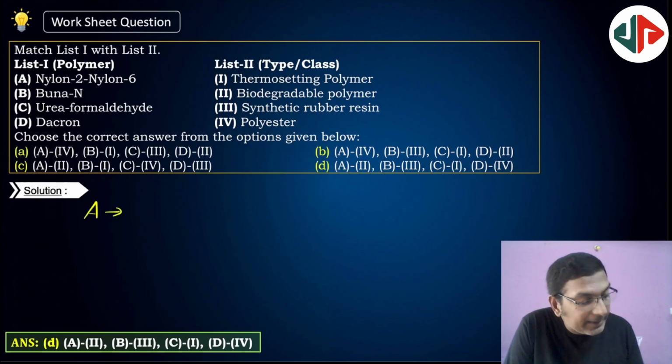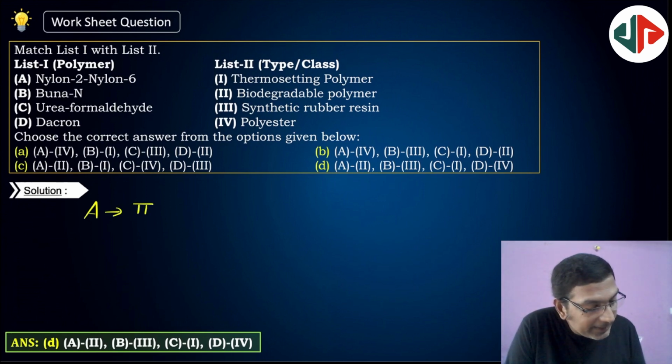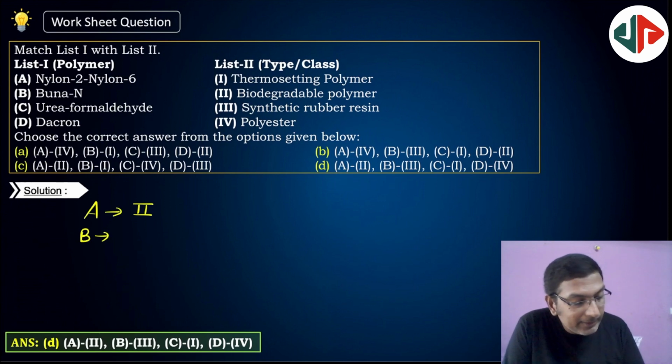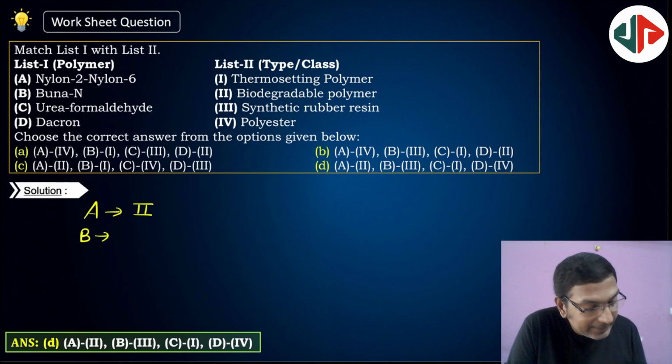Option A, nylon 2,6, which is biodegradable. B, Buna N rubber, which is synthetic rubber, 3. C, urea formaldehyde, thermosetting, that means C, 1.